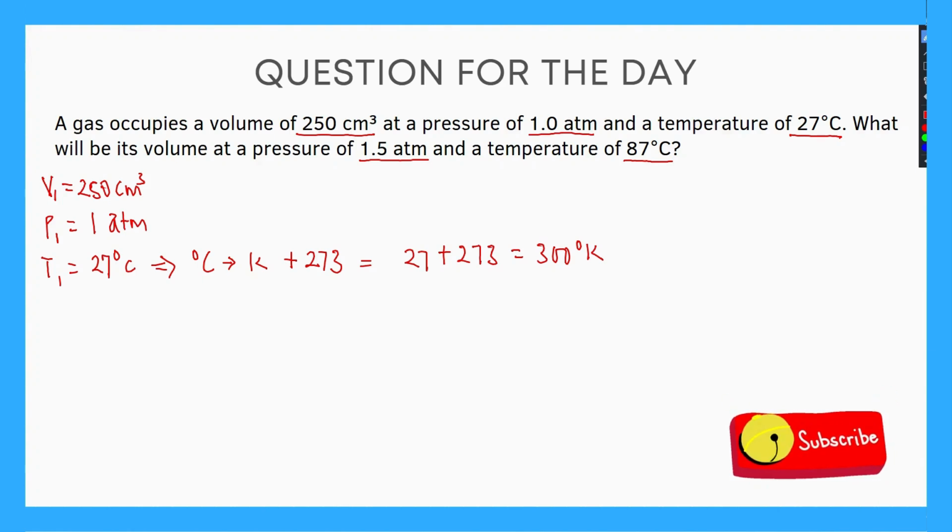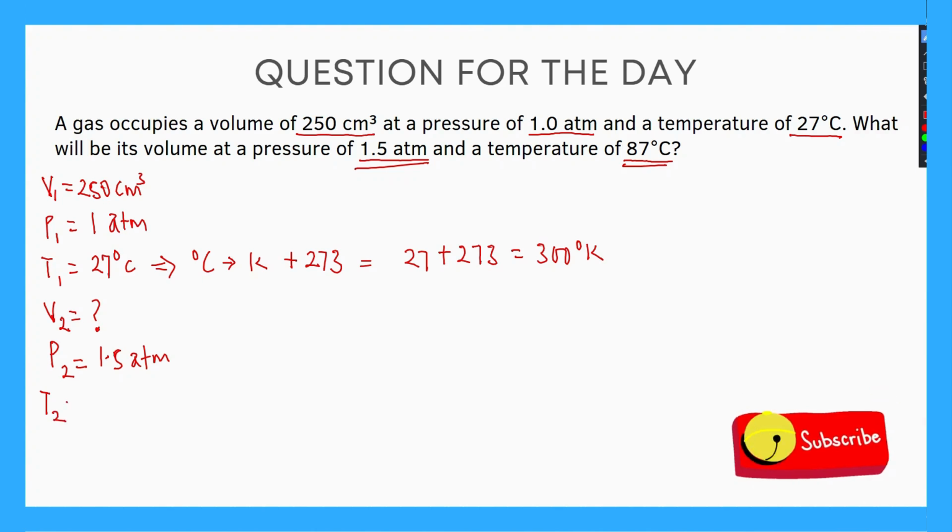The question that is being asked of us right now is, what will be its volume? In other words, what is the final volume? So V2 is unknown. That is what we're being asked to look for at a pressure of 1.5 atmosphere. So the final pressure, or P2, is now 1.5 atmospheres and a temperature of 87 degrees Celsius.